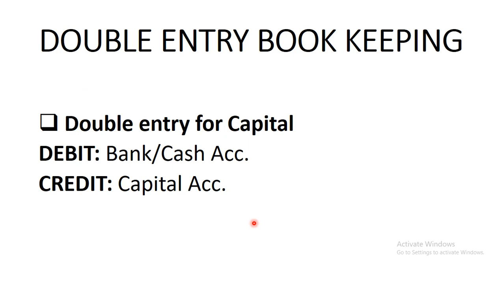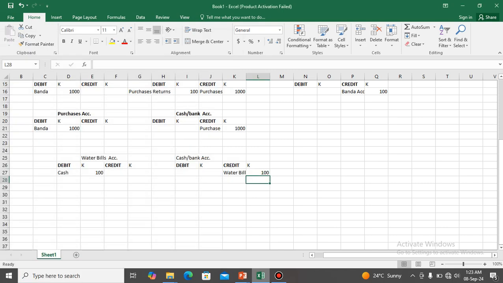So now the double entry is, you need to debit or credit the account depending on how you pump the money into the business. Did you pump the money through the bank, or maybe you just invested cash, right? So you debit the bank or cash account, and then you credit the capital account, right? So when you pump money into the business, let me use my Excel to explain this.